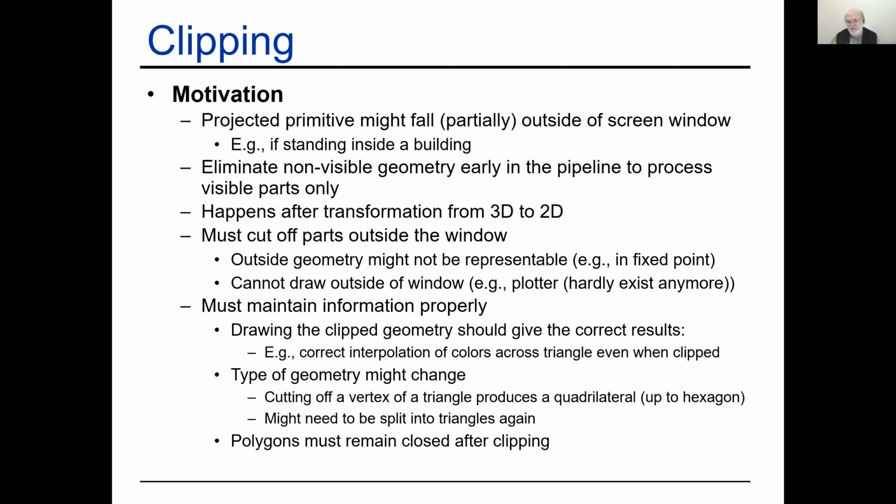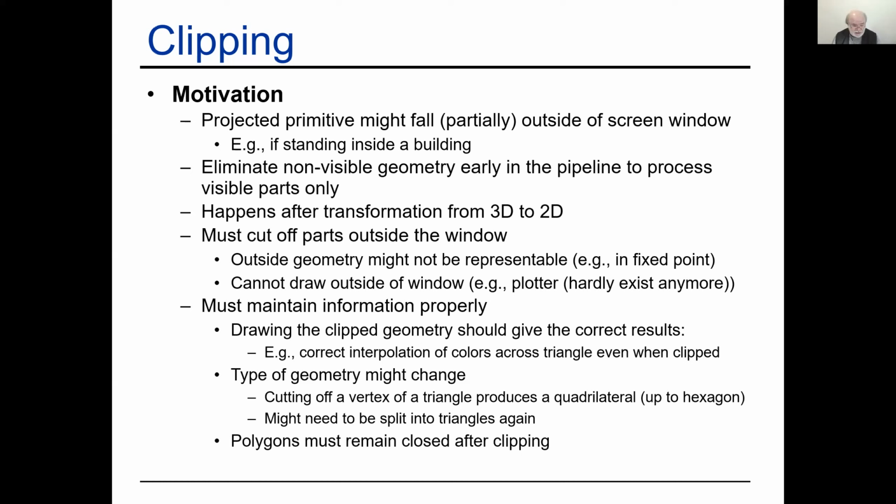So for instance, if you have a linear shading running across a triangle and you're cutting off parts of the triangle, you need to recompute the information at the edge where you did cut off the geometry, so that if you then render the geometry that remains, without the parts that have been cut off, you get exactly the same image as if you had rendered the large object that has not been clipped.